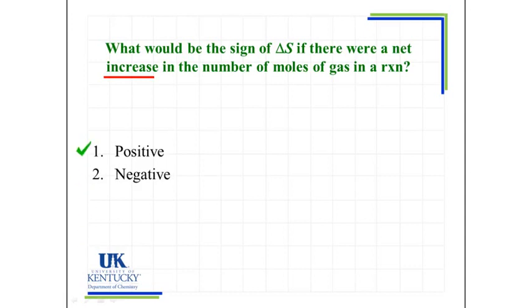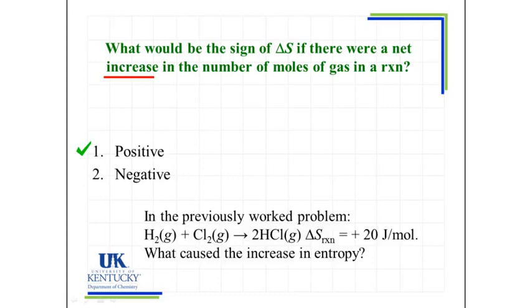Well, if you said positive, you'd be correct, because we know entropy of gases is far higher than entropies of solids and liquids. So if you're increasing how much gas you have in your reaction chamber, then you would have an increase in entropy. Now, in that previous example, we have the same number of moles of gas, but we are seeing an increase in entropy.